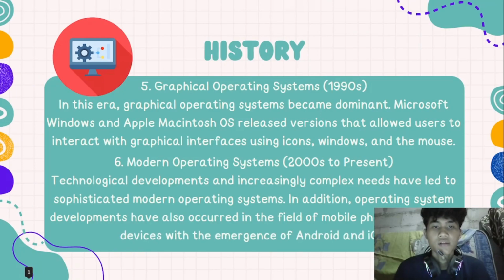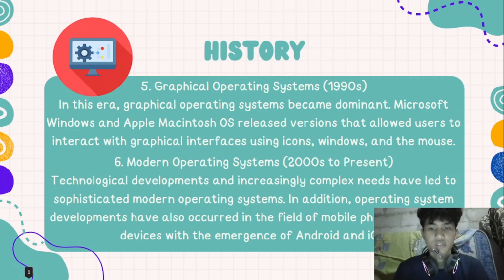Number 5. Graphic operating system. In this era, graphical operating systems became dominant. Microsoft Windows and Apple Macintosh OS released versions that allowed users to interact with a graphical interface using icons, windows, and the mouse. Number 6.